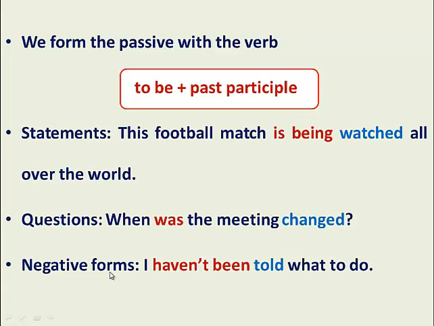In a negative sentence, I haven't been told what to do. The verb to be is used in the present perfect tense and also in the negative form, haven't been, followed by the past participle of the verb tell, which is told. Haven't been told is a verb which is in the passive voice.